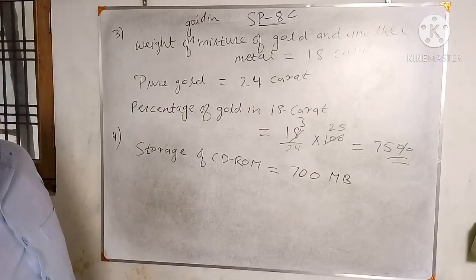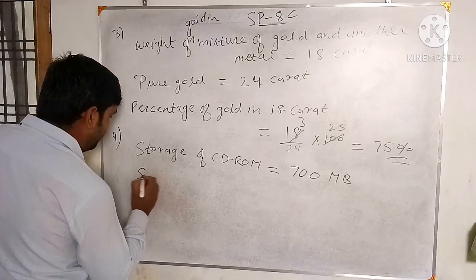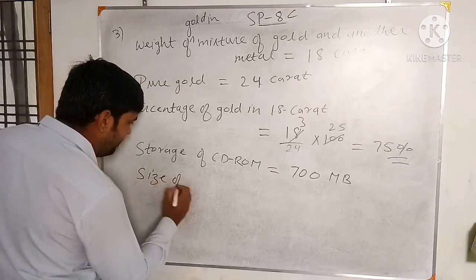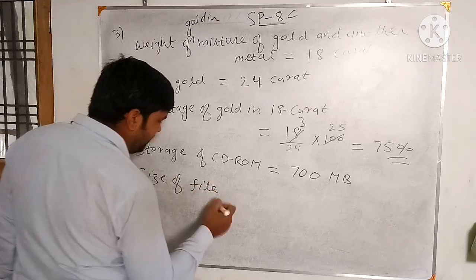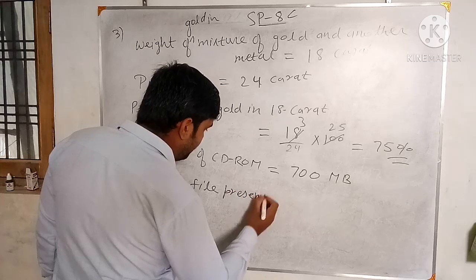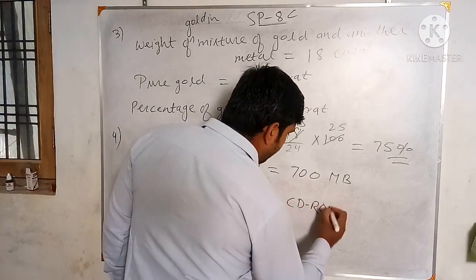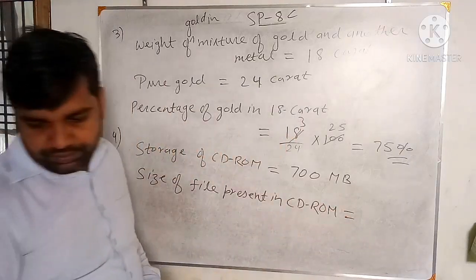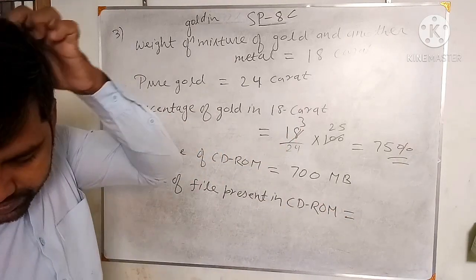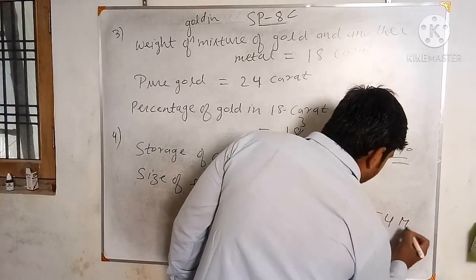And the size of the file is 154 megabytes. So the size of the file present in CD-ROM equals 154 MB.